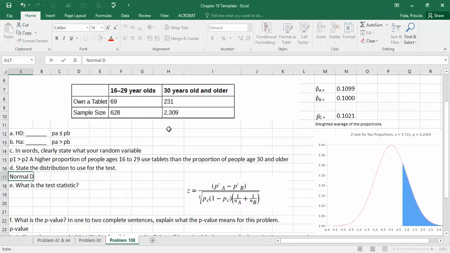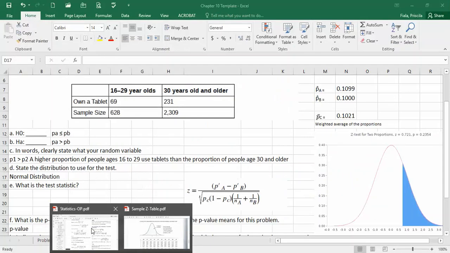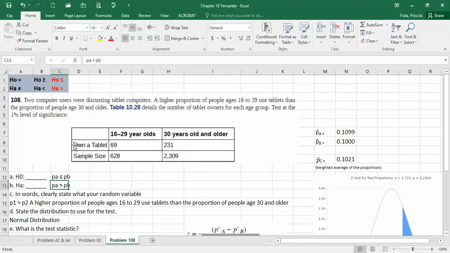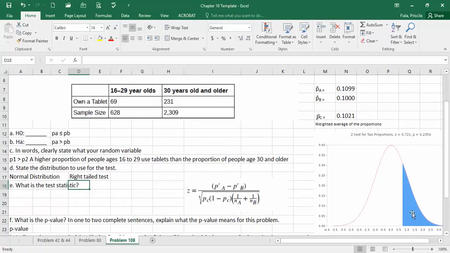I said we're going to be using a normal distribution for two independent population proportions. And one thing that you know here, if you do remember the little trick, is that if you have your alternative hypothesis with a greater sign, which is pointing to your right, therefore you have a right tail test, which means you only gonna need this value right here.